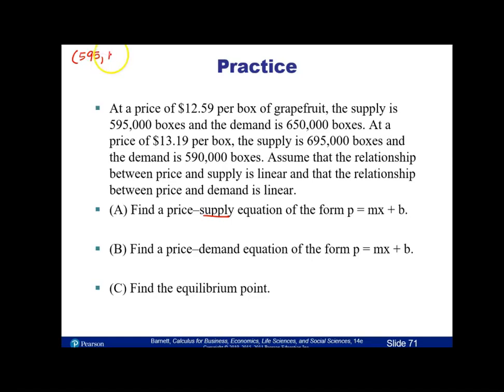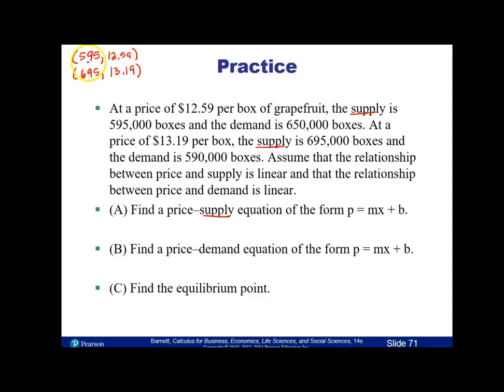So 595 gives us a price of $12.59. And then the other supply is 695. So when we have 695,000 boxes, we're going to have a price of 13.19.